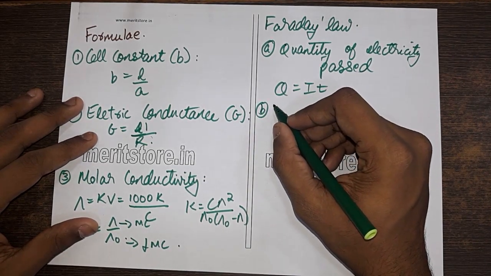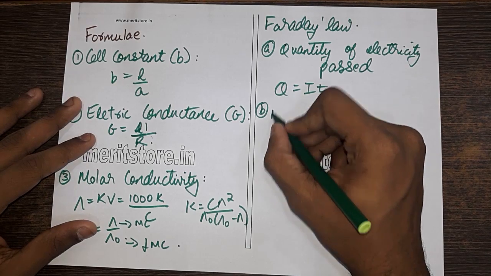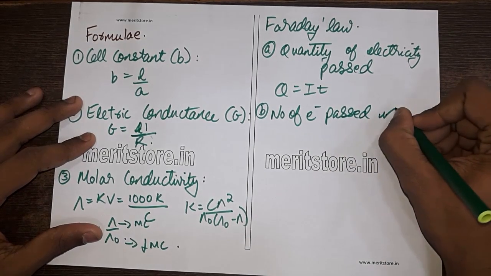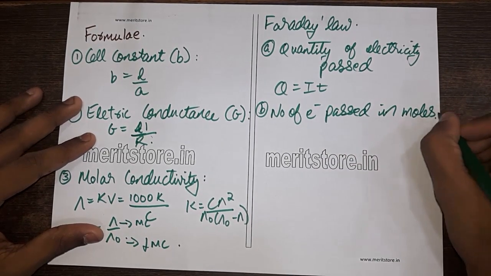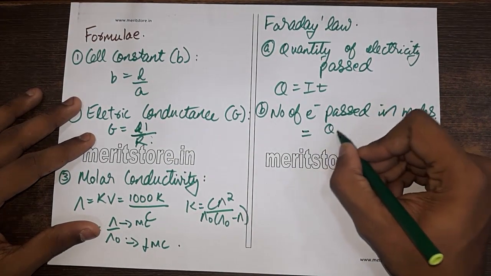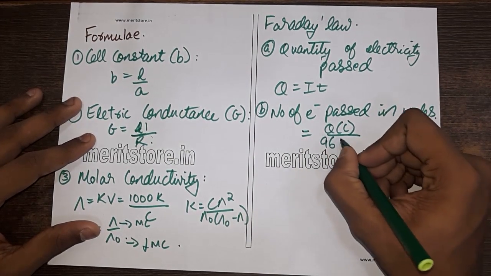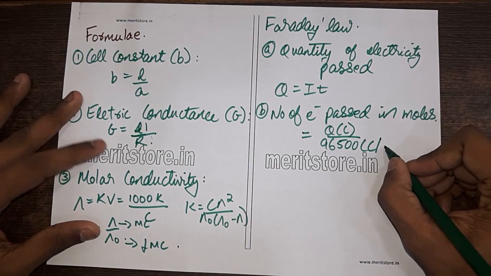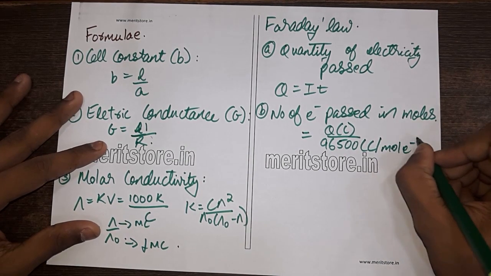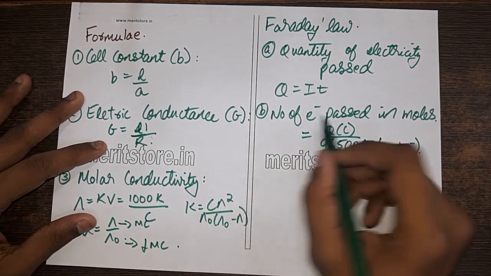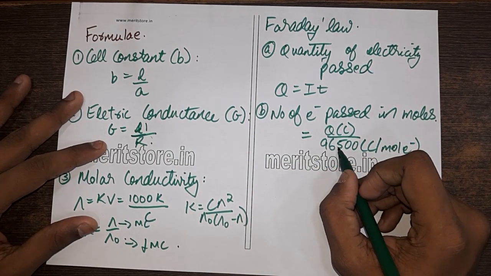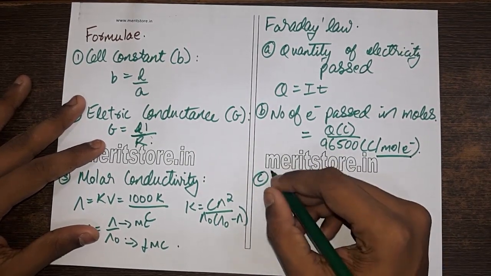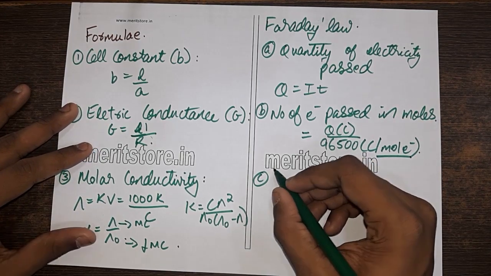Second, number of electrons passed in moles. It can be given by Q of C by 96500, which is in terms of C per mole electron, where 96500 is the charge of 1 mole electron as given here.